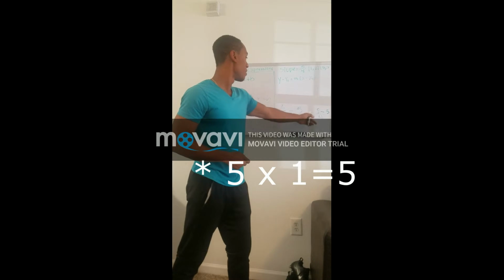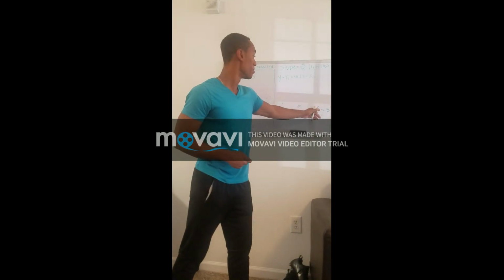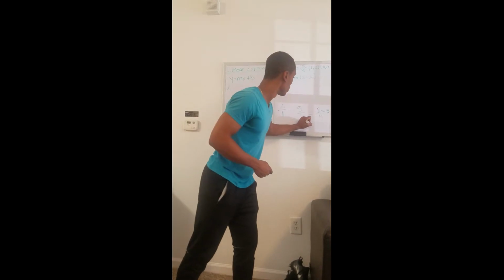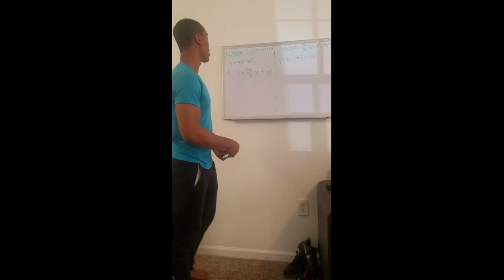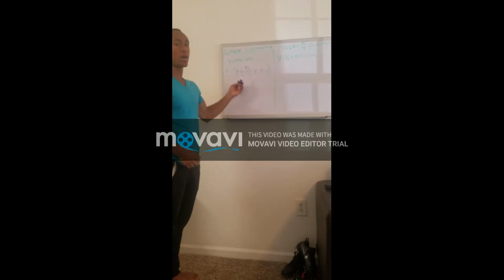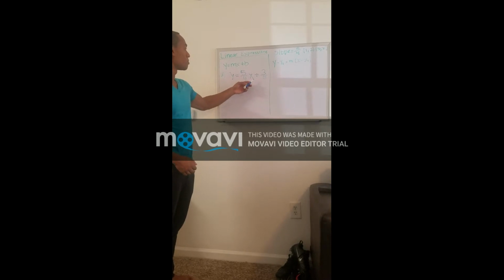Okay, so now you have 8 minus 5, 3. So our y-intercept is 3 over 4. So now we have the equation y equals 5 over 4 x plus 3 over 4.